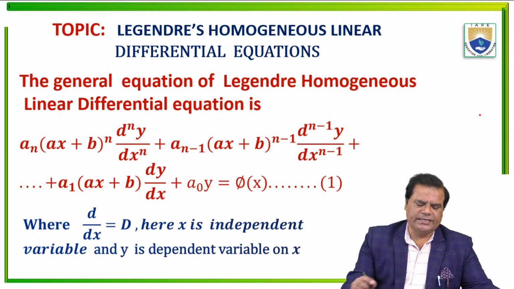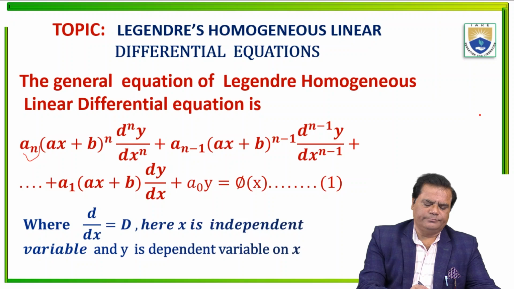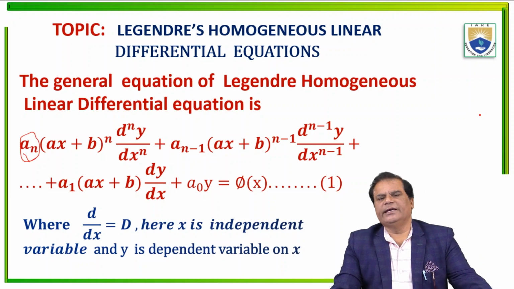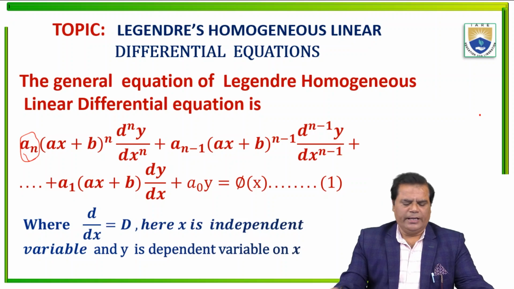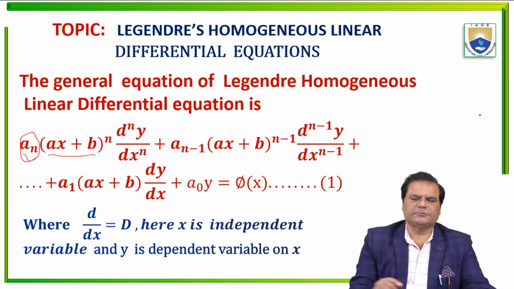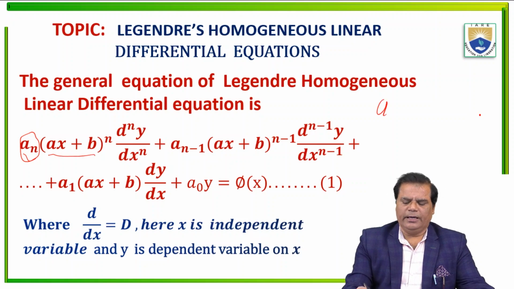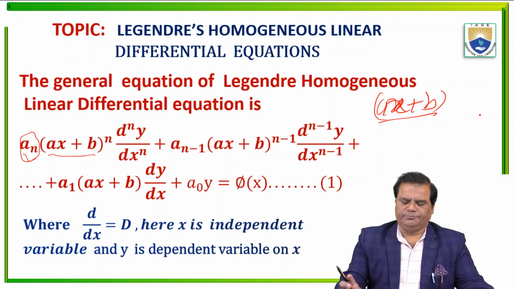Here a_n is any constant, any number, and in the bracket is ax plus b. Ax plus b is a linear equation.